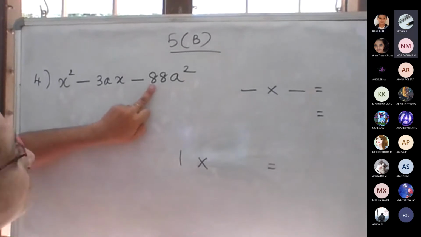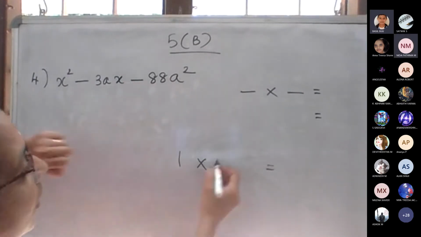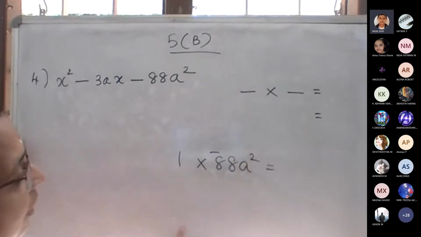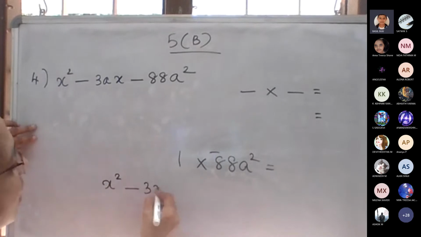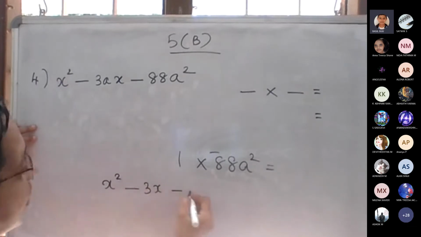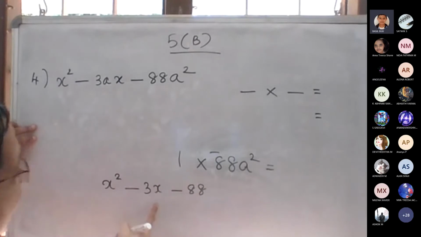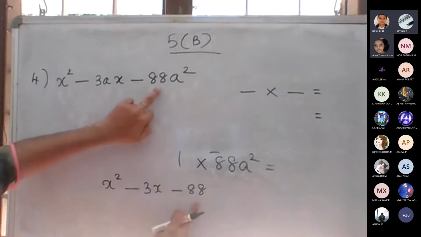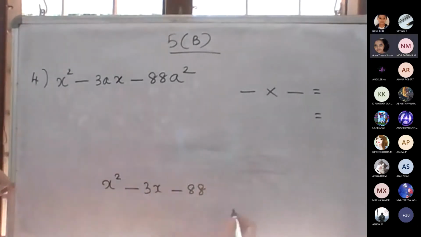Ma'am, we didn't understand the last term. 1 into negative 88a square itself, the full negative 88a square you have to take. x square minus 3x minus 88, what will you take?